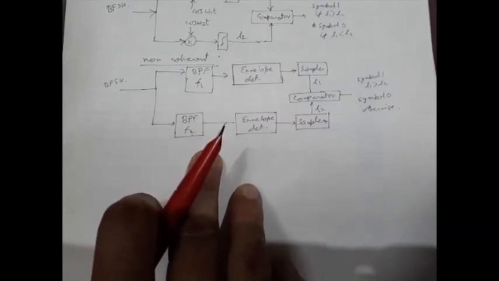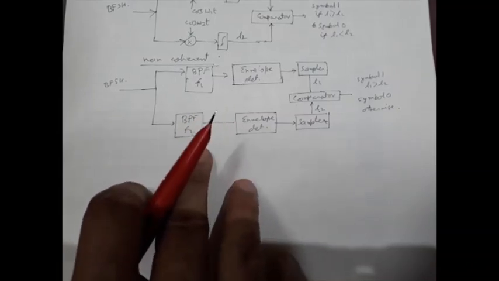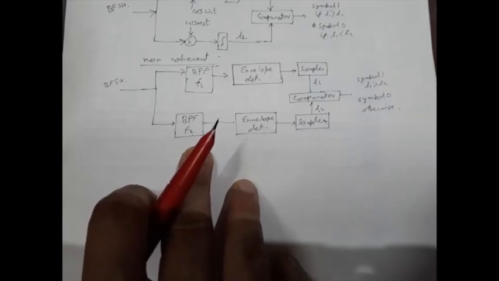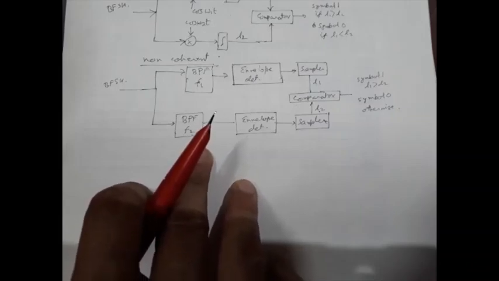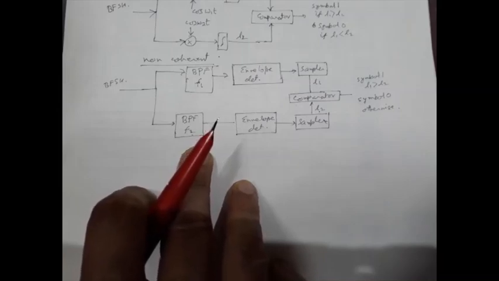Now there are certain merits and demerits of this FSK. BFSK is relatively easy to implement. Its noise immunity is obviously better than ASK, as there is no change in amplitude, as we have seen in the waveform of the FSK, and noise most of the time affects the amplitude more. Since this FSK signal is not using amplitude as a parameter, it is less affected by noise.